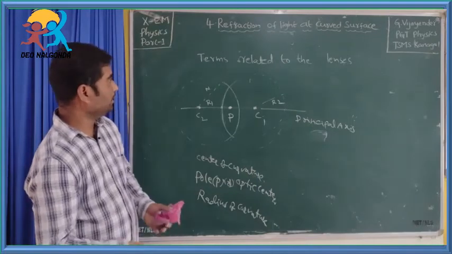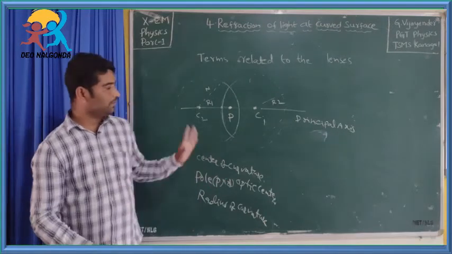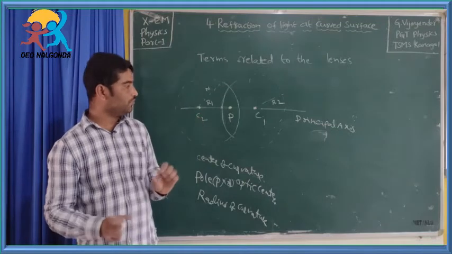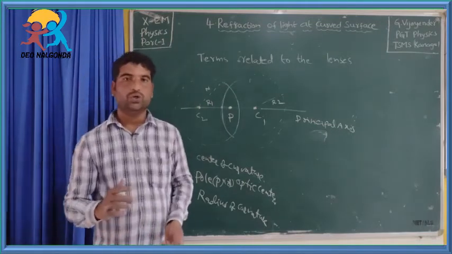These are the terms related to lenses. Same as in a mirror, except that in a mirror we have only one center of curvature because it has only one surface. In a lens we have two centers of curvature, two radii of curvature, and also two focuses.